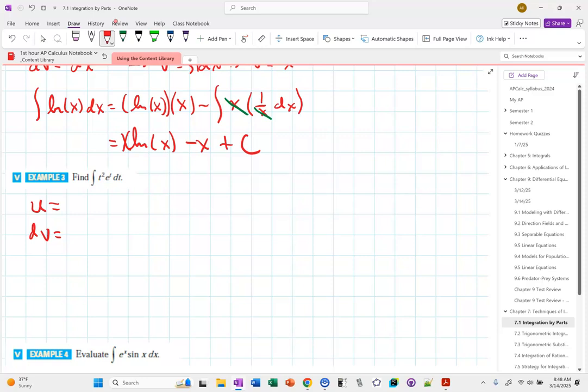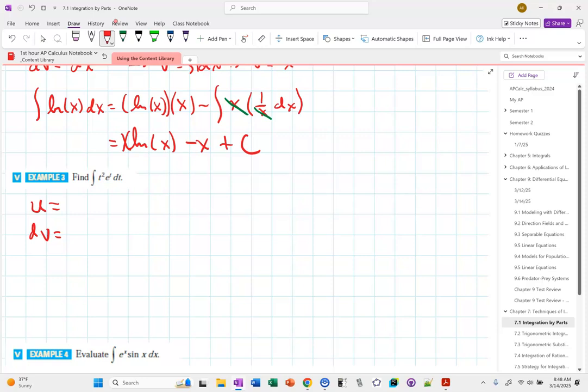I'd want to pick t squared because when I differentiate that, I get a simpler polynomial, right? It becomes a degree 1 polynomial as opposed to degree 2. What happens if I differentiate the exponential? Stays the same. That seems like a crummy choice if it doesn't change at all.